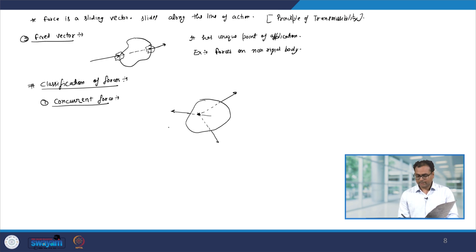of them and they meet at a single point, okay, in this case the forces, so these F1, F2 and F3, they become concurrent.